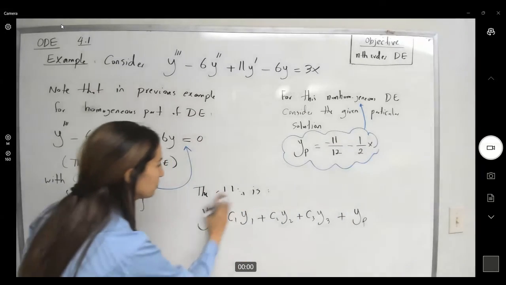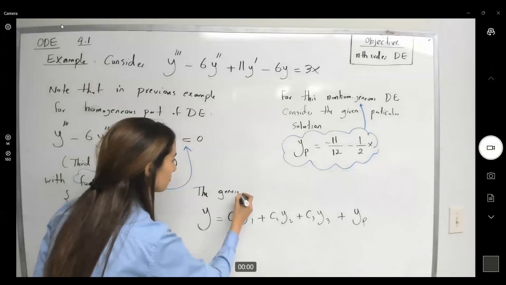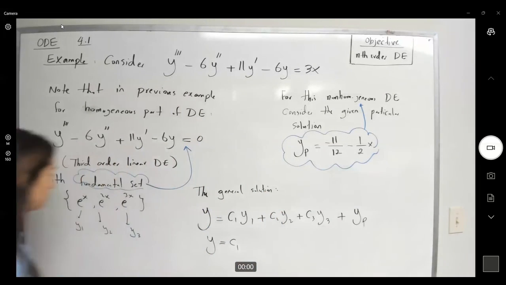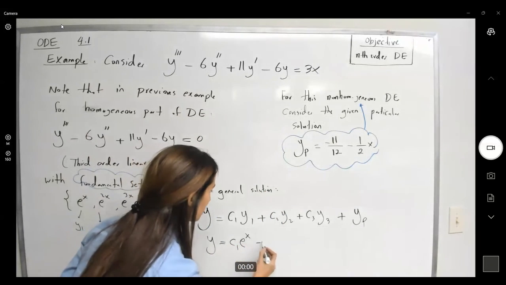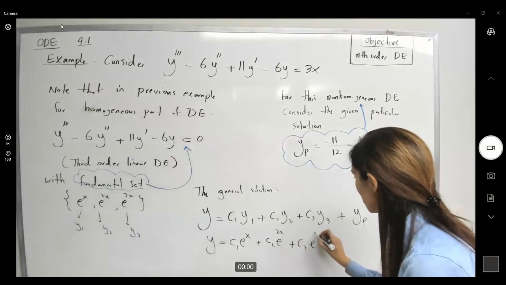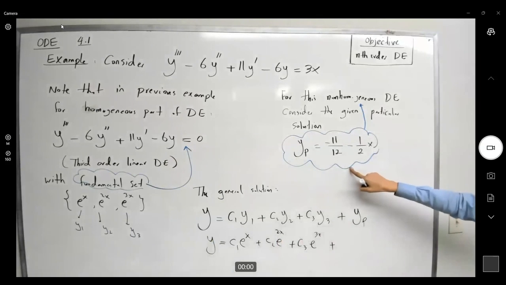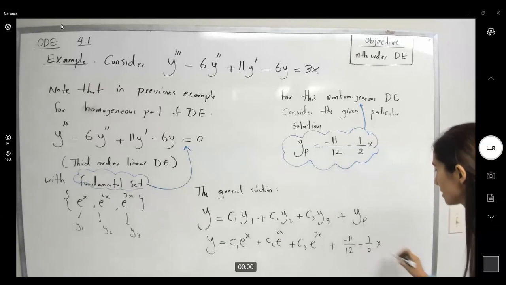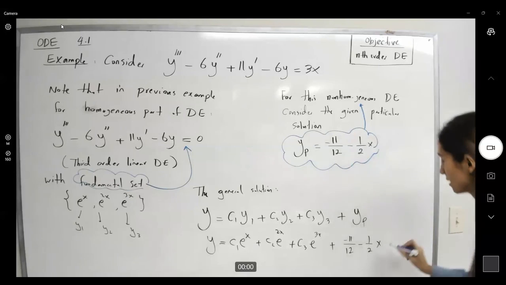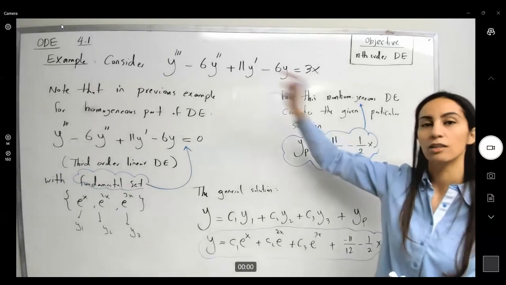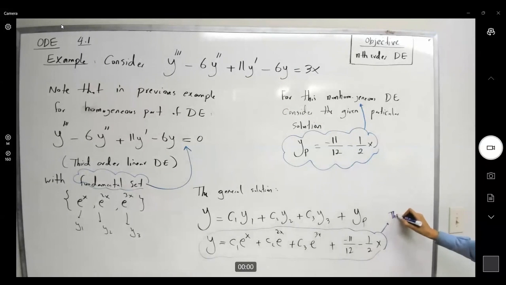The general solution is y equals C1 e to the x plus C2 e to 2x plus C3 e to 3x plus your particular solution, which is negative 11 over 12 minus a half x. So this is the general solution for this third order differential equation. Our final answer.